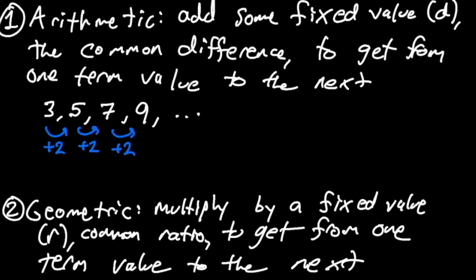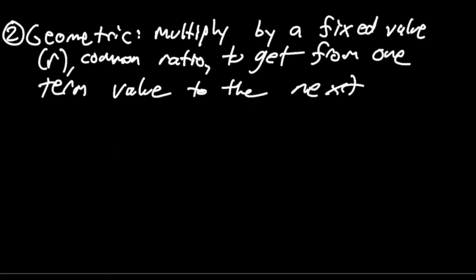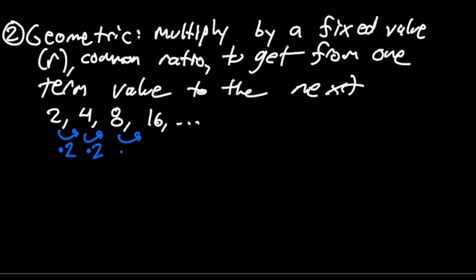So an example of a geometric sequence would be if we had 2, 4, 8, 16, and so on. Here you can see that we are multiplying by 2 to get from one term value to the next. So r is 2 in this case.